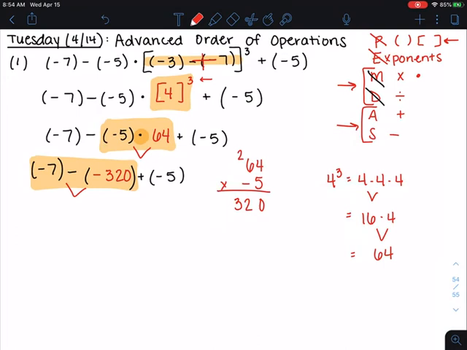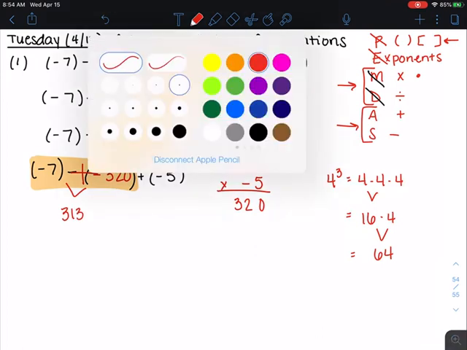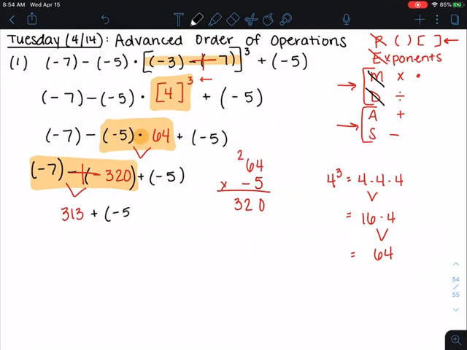Alright, we have -7 minus a -320. So don't forget, subtracting a negative is the same thing as adding a positive. So this will become a plus. And then -7 plus 320 is 313. And then we have plus -5. And now we do our last step. And 313 plus a -5 is going to be 308.